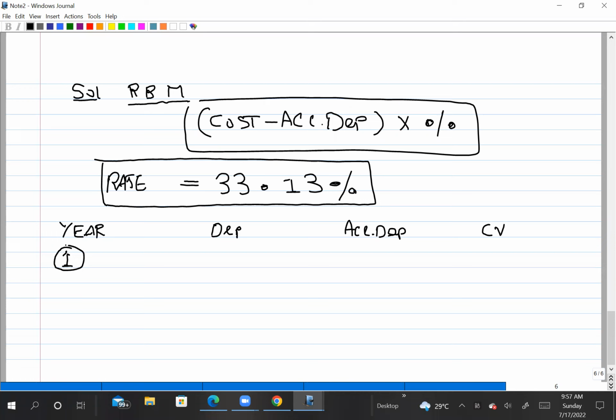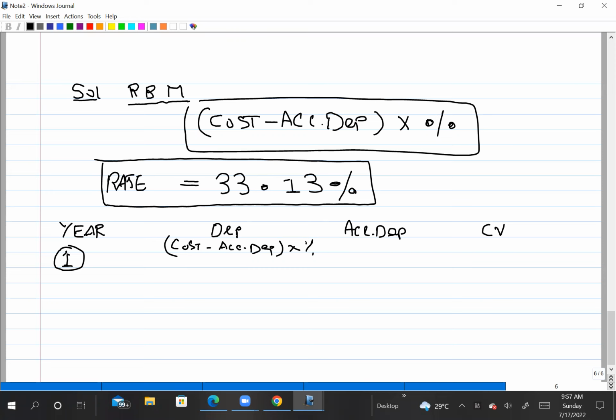In year one, the depreciation will be cost minus accumulated depreciation multiplied by rate. This is the formula. In year one, there is no accumulated depreciation and the cost is 10,000.